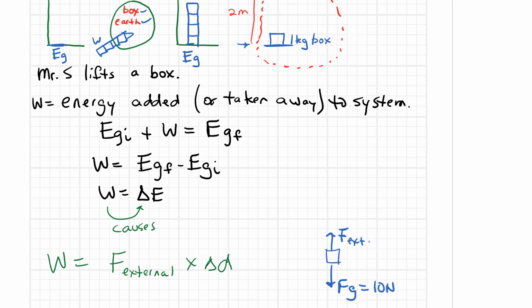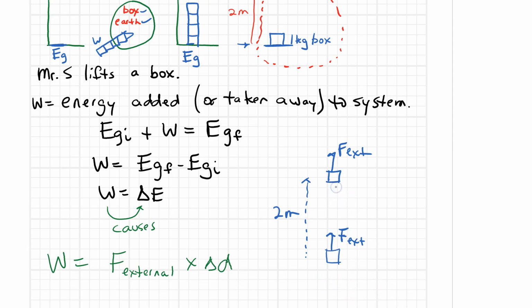And if we try to make it as simple as possible, let's say it was moving at a constant velocity the whole time. So it started here and ended up here, 2 meters over. And we still have this force of gravity here, and we have this external force. I'm not too interested in the force of gravity here, so I'll just erase it.